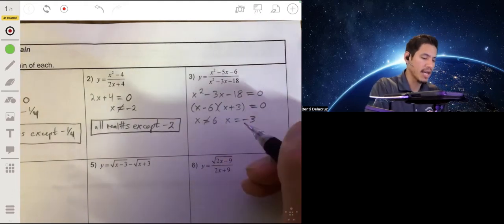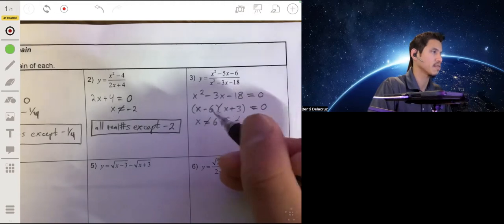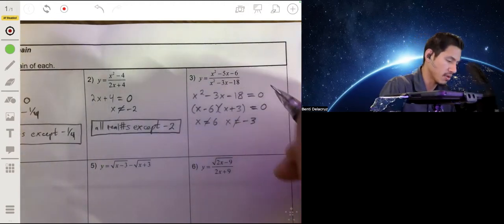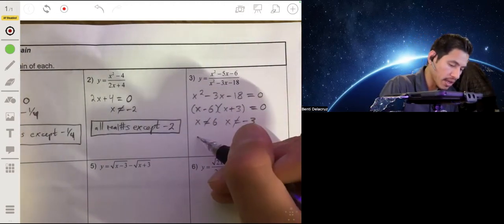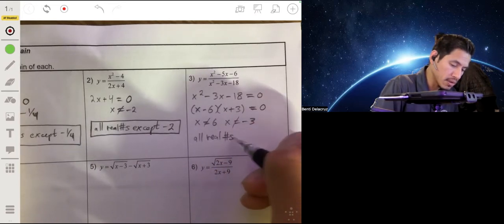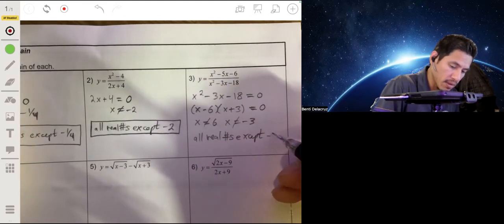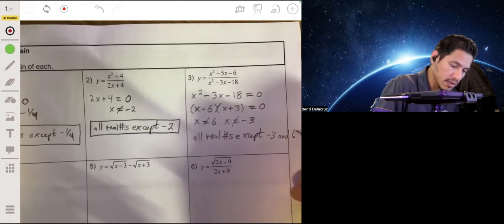So again, we don't want x to be 6, and we don't want x to be negative 3, because plugging those values in will make the denominator equal to 0. So again, we could write all real numbers except negative 3 and 6.